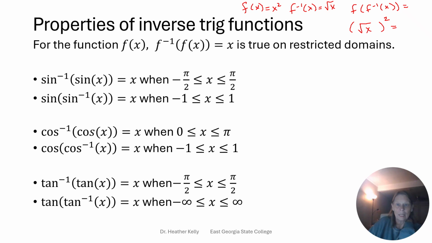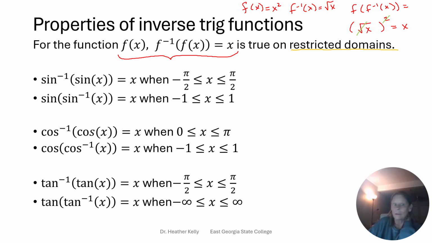Those guys are going to cancel each other out. As we know, square roots are canceled out by squares, and it is equal to x. So this is something that you already know. This is just kind of like defining that this is true, but it's true only on restricted domains.